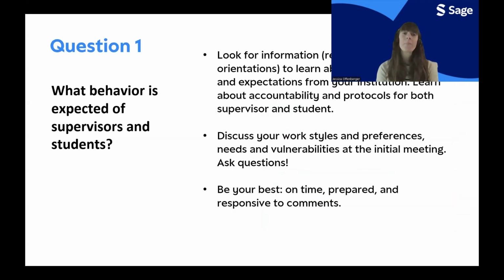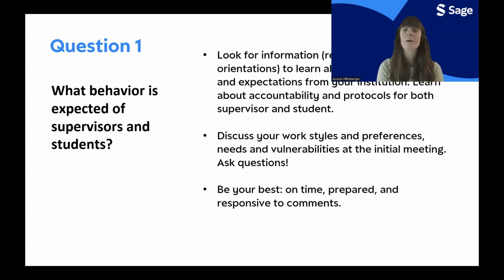So, what behavior is expected of supervisors and students? You'll want to look for information to learn about the roles, norms, and expectations from your organization as a mentor and learning about the accountability and protocols for both the supervisor and the student. Like I talked about, discussing your work styles and communication preferences, your needs, your vulnerabilities, asking questions is incredibly important.